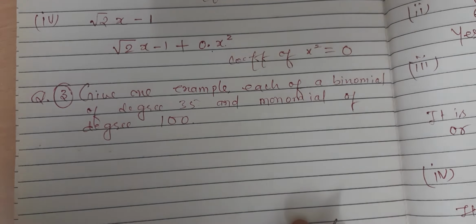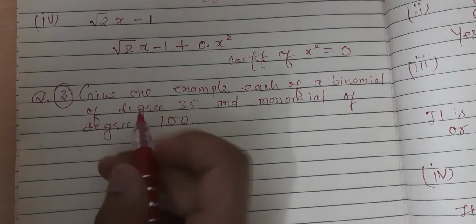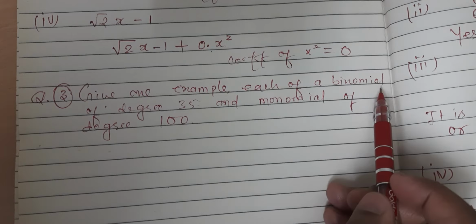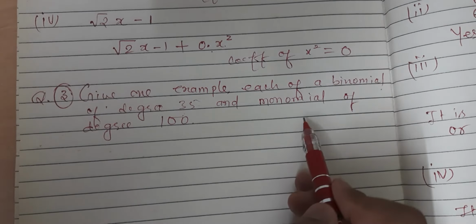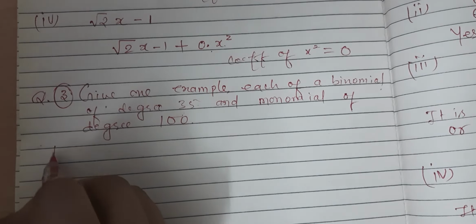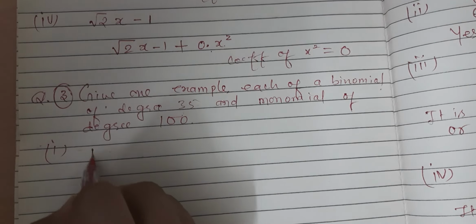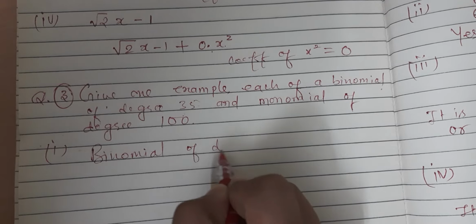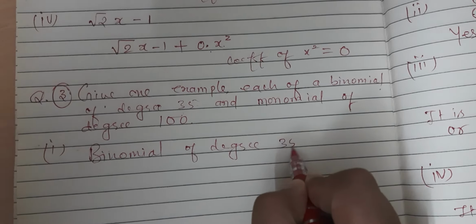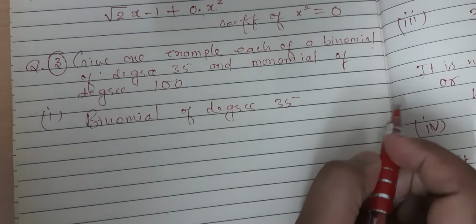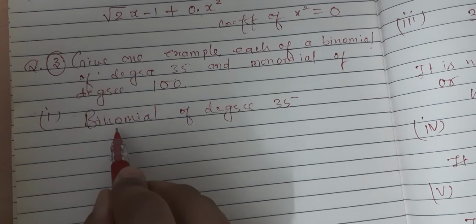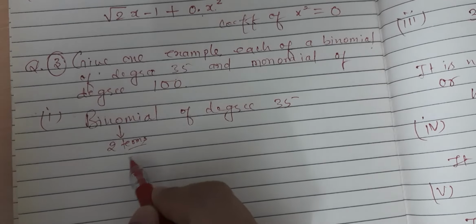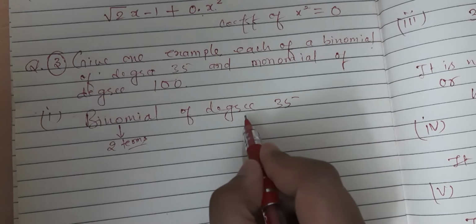Now see the next question, question number 3 of this exercise. Give one example each of a binomial of degree 35 and a monomial of degree 100. First we have to write a binomial of degree 35. You should know the meaning of binomial: a polynomial with two terms is called a binomial.